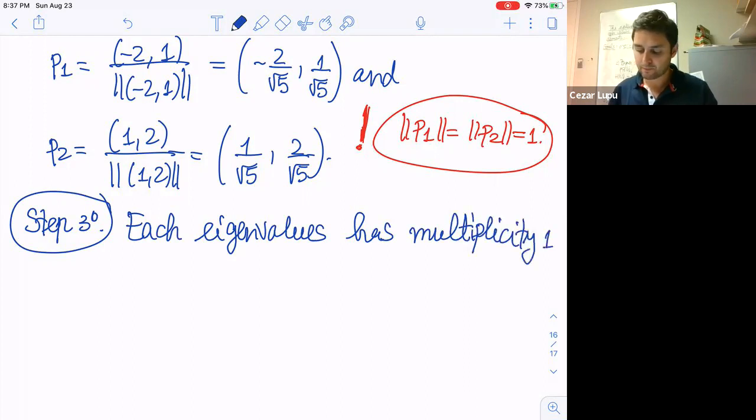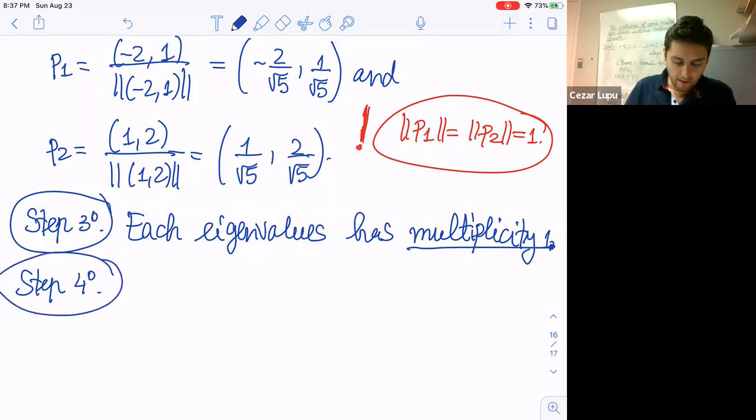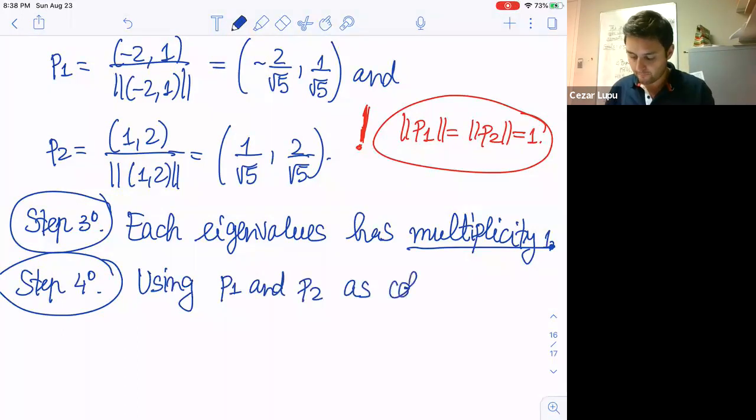All right. So we go directly to step 4. There is no point in applying the Gram-Schmidt orthonormalization procedure in this case. And in step 4, we said that we're going to use P1 and P2 as column vectors.